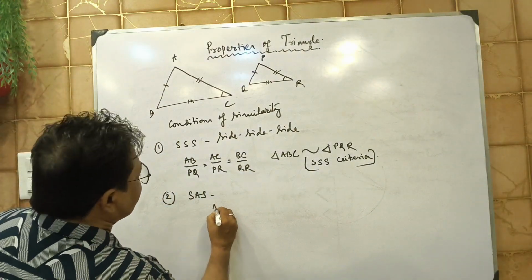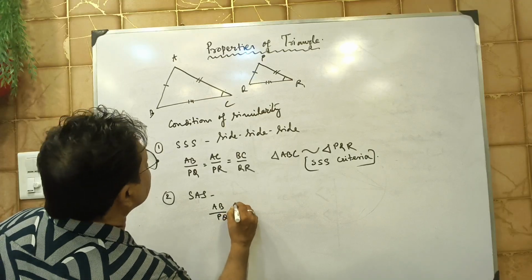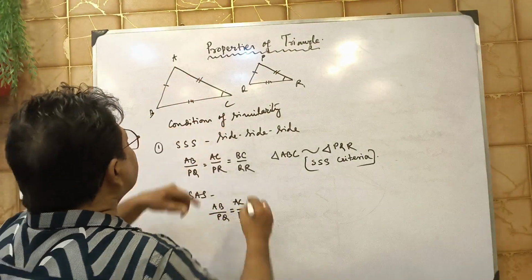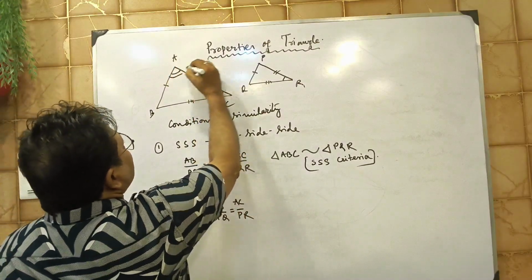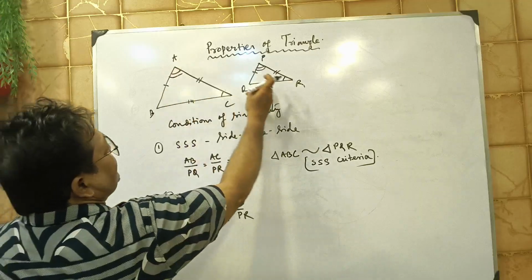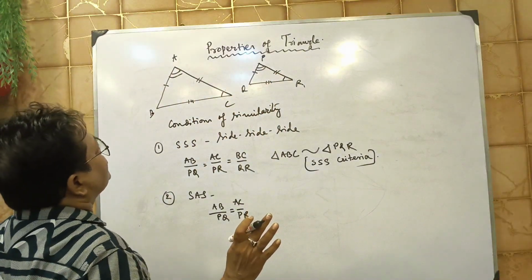Here side angle side means if AB by PQ is equal to AC by PR and their intermediate angles are equal. Intermediate angles are equal, not other angle. That is, this angle equal to this is not to be considered.